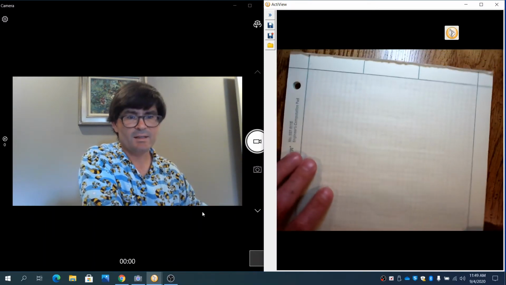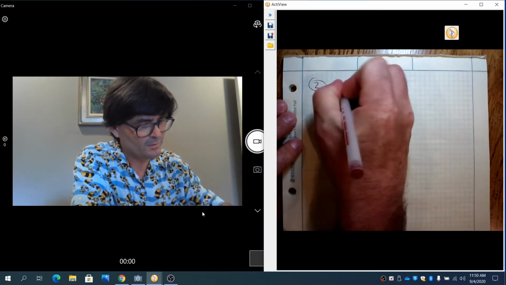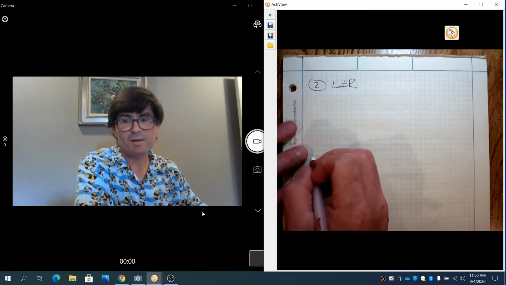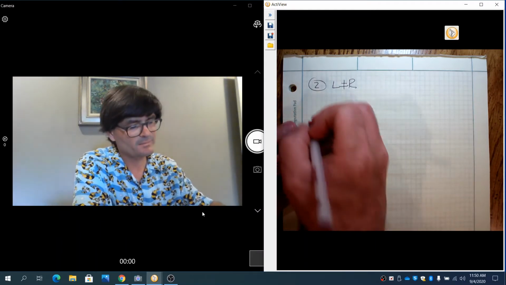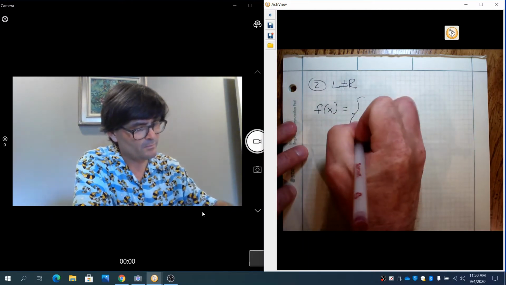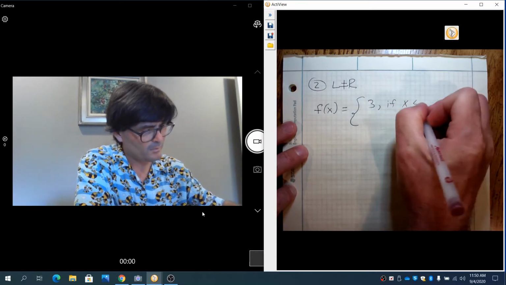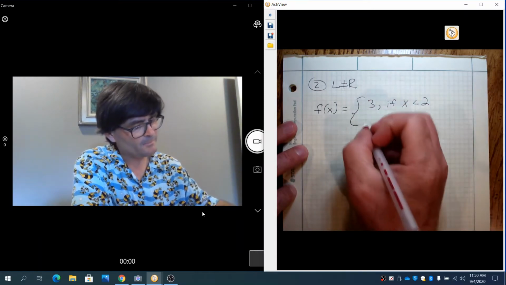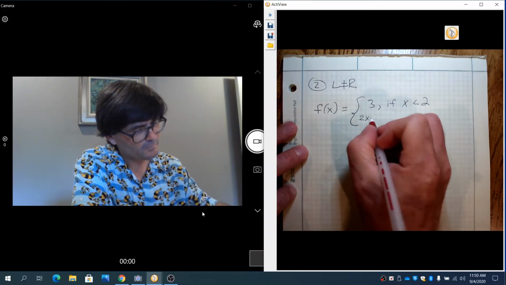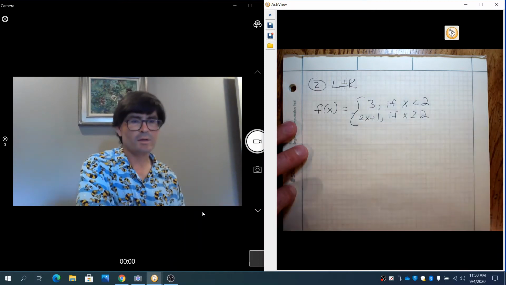The second reason a limit doesn't exist is because the left and right don't match. A piecewise function is probably the most common way to see this. Let's write an example down.